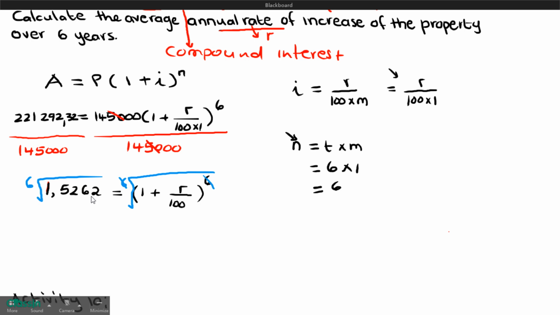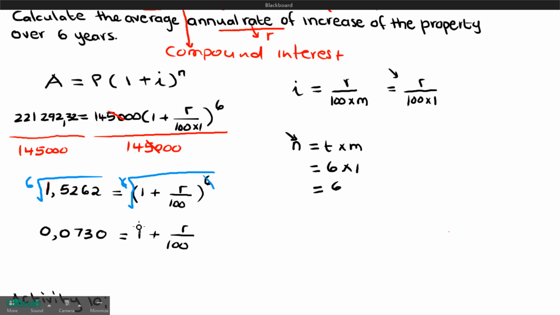Then you say shift root, then it will offer something like a cube root, or you can simply say shift root, then you enter 6, 1,5262, is equals, then the value that we get is 0,0730, which is the same as 1 plus R over 100.